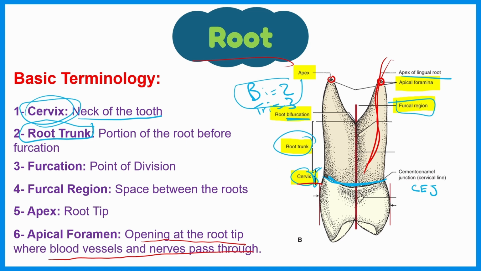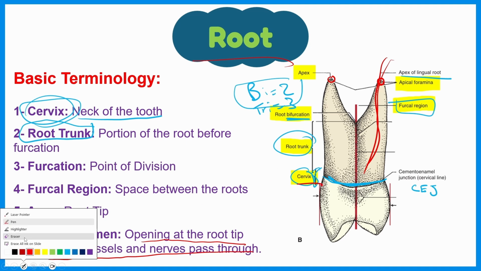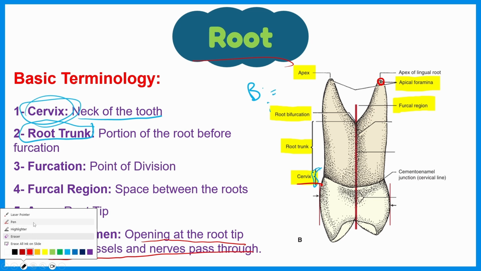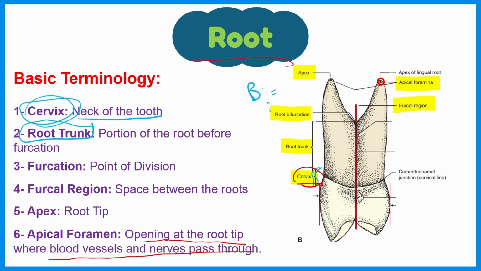So you've got the cervix, the neck of the tooth. You've got the root trunk, the portion of the root before it divides. The portion where it divides is called the furcation. In this case, it's called a bifurcation. Tri for 3 roots, bifurcation for 2 roots.